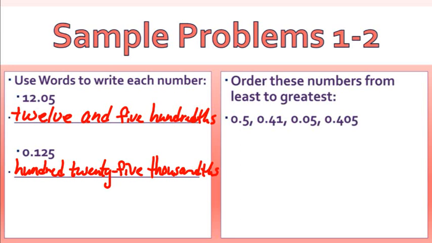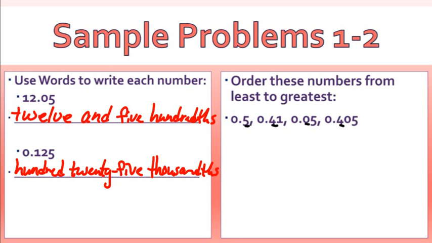And the next one, order these numbers from least to greatest. So here I have to first look at the first decimal place. Okay, and the fewer decimal places, but with the biggest tenth place, that's going to be your biggest number.